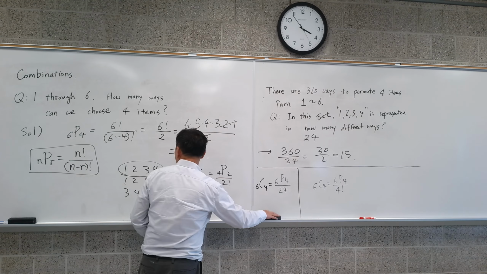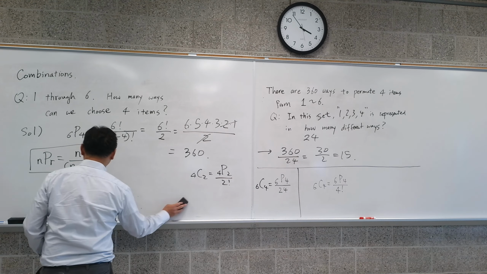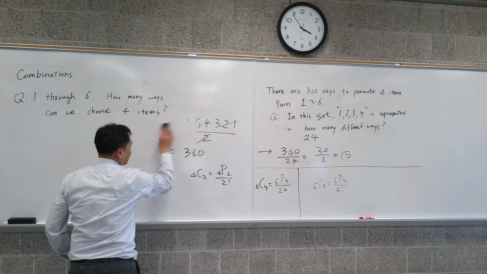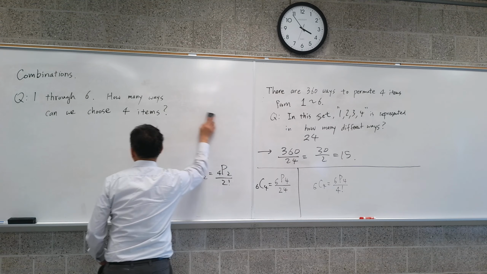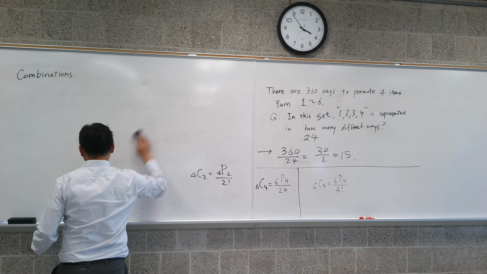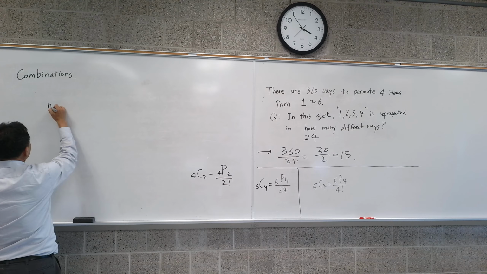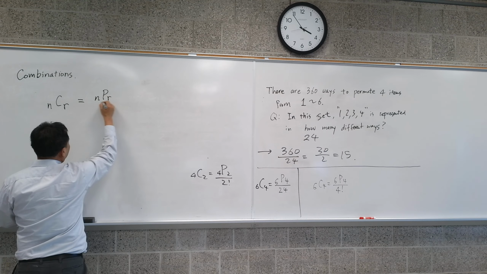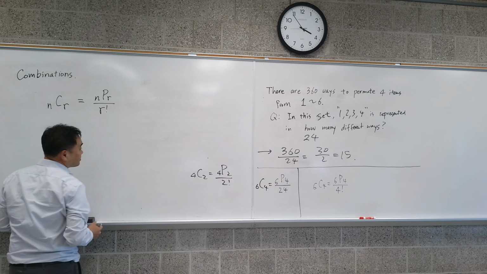So after doing this and doing a few more examples, you get the following identity, which says if you do n choose r, that's going to be n permute r divided by r factorial.